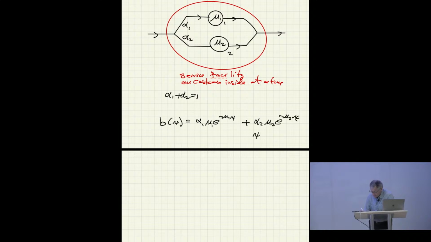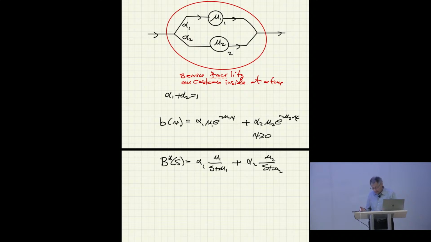This is good for x greater than or equal to 0. And therefore, B star of S is equal to, with probability alpha 1, this converts to mu1 over S plus mu1, plus alpha 2, mu2 over S plus mu2. Now you can see where this is going.